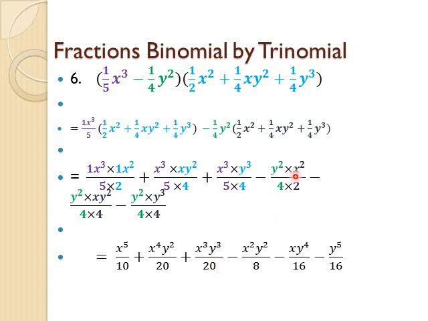Y squared times x squared simply becomes x squared y squared, 4 times 2, 8. And there, x stays x, y squared times y squared, y to the power 4, 4 times 4, 16. And there, x squared times y cubed gives me y to the power 5, 4 times 4, 16. You can see on the top there's no like term, so we can't simplify any further.